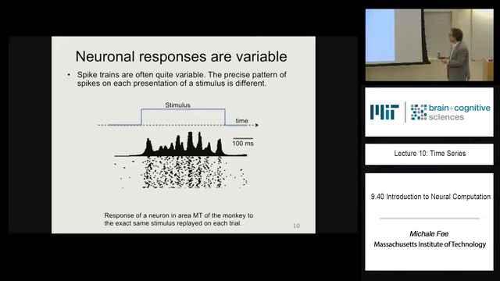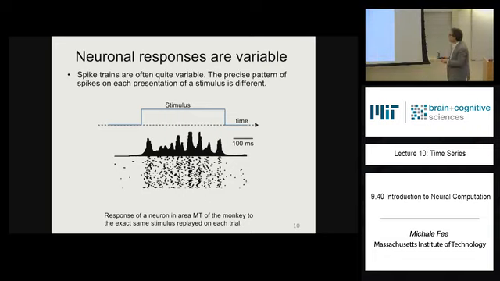So what does that mean? What that means is that if you were to present this stimulus many, many times and look at where the spikes occur, there would be some uniform probability per unit time that spikes would occur anywhere under that stimulus, during the presentation of that stimulus.